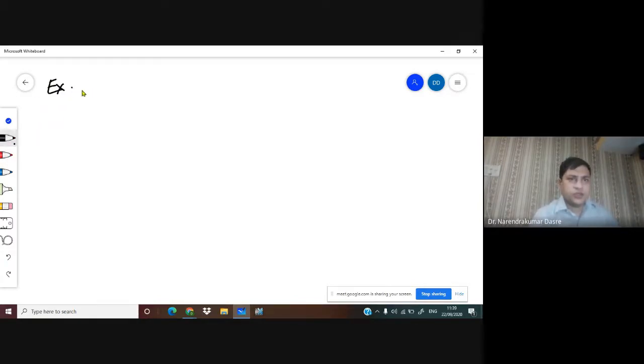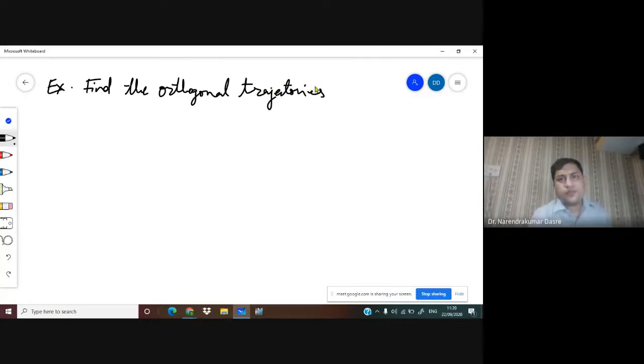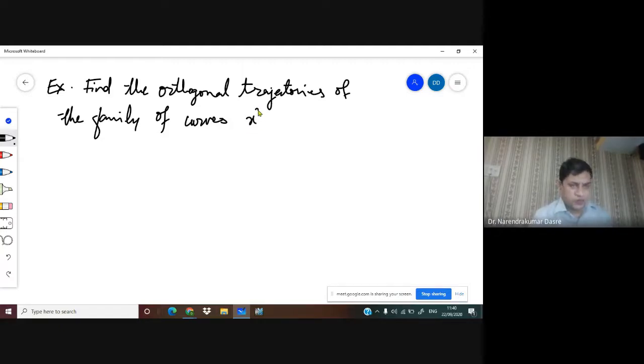So we try the example based on this. Find the orthogonal trajectories of the family of curves x cube y minus x y cube is equal to c.